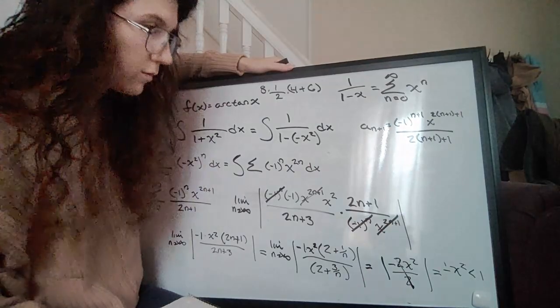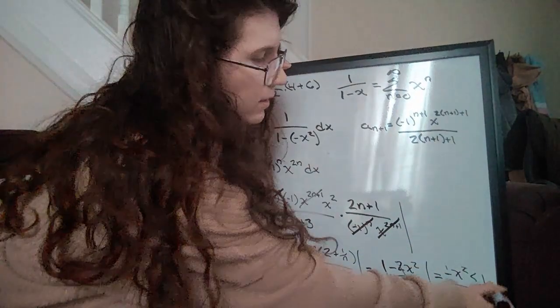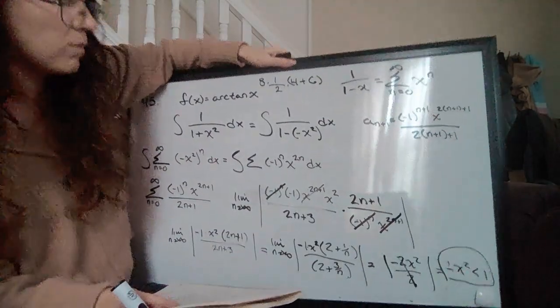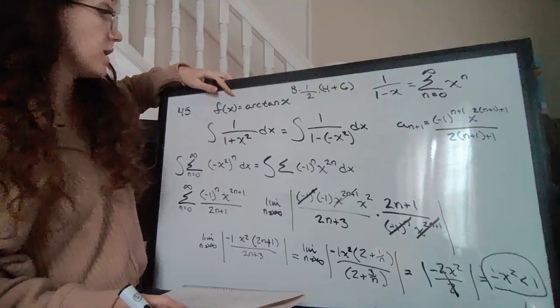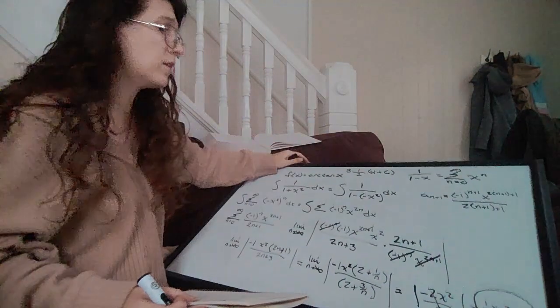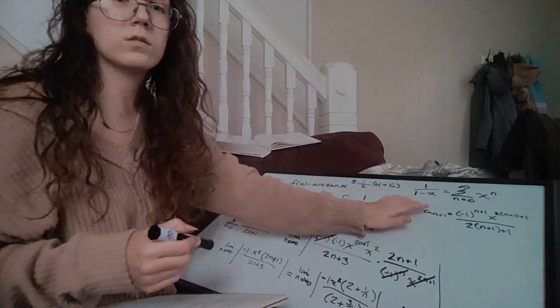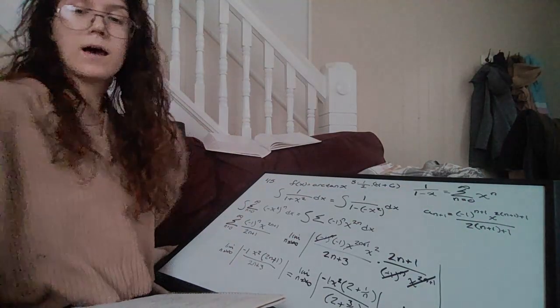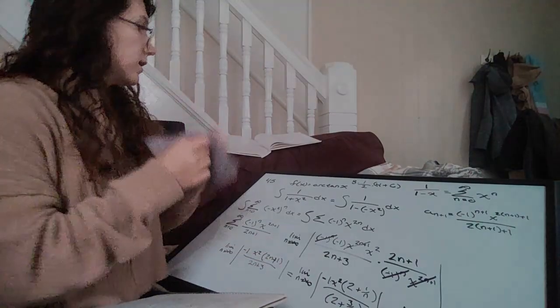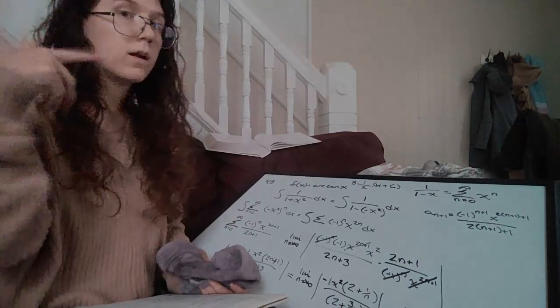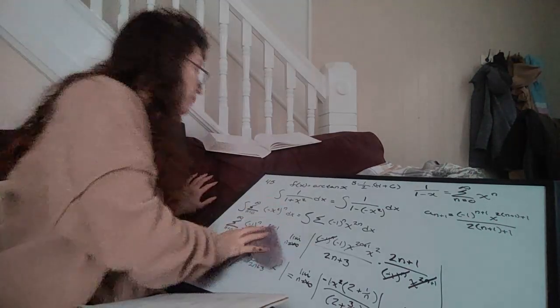Sound good? We've gotten a lot of ones. We've had a lot of this in our previous problems. It is very similar to the last problem that we worked through. Know what the goal is, what you need it to look like, and think: can I derive this and get it to look like that form, or can I integrate this to get it in that form?